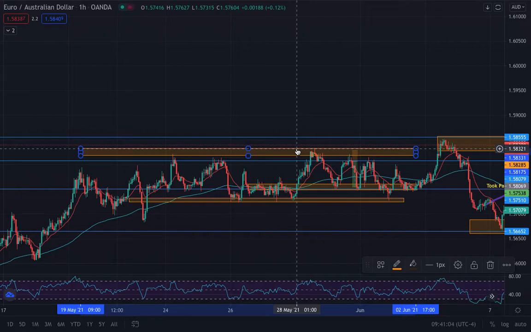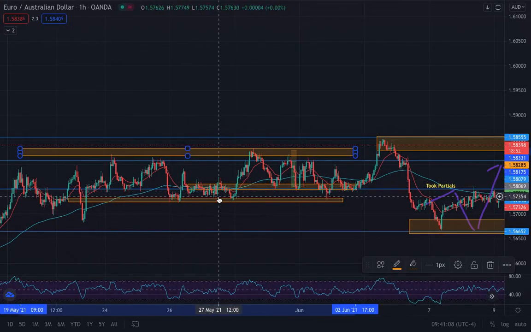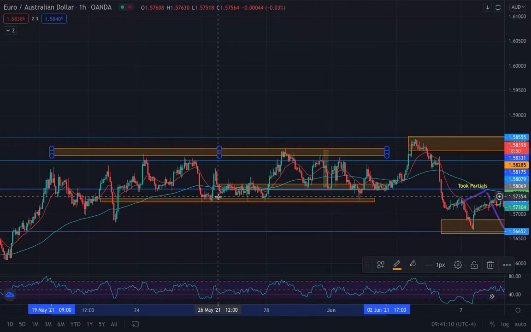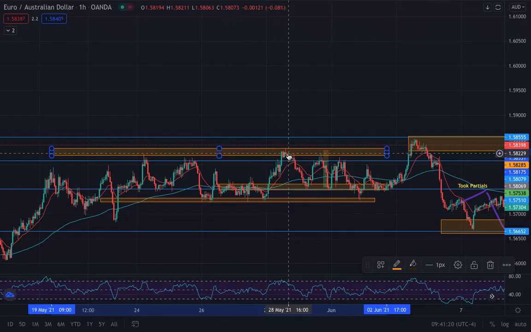But looking for channel patterns is huge, right? Super tight channel patterns are what we're looking for here, where we can identify areas of resistance and support that it's respecting on a pretty consistent basis, and we can buy and sell our whole way through.